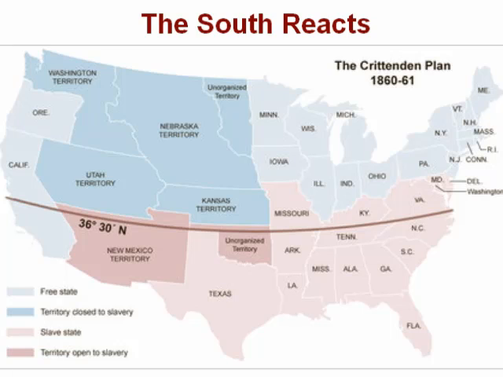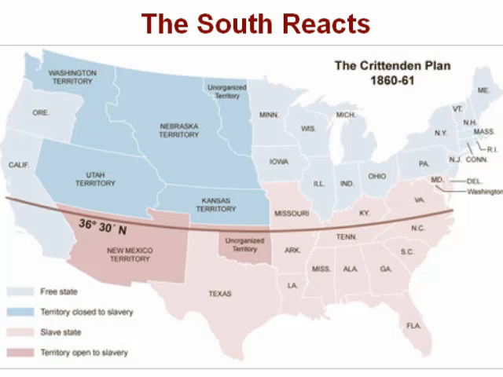The South reacts. Now, in the South, there was a great unhappiness about Lincoln's election, and even the term great unhappiness was a huge understatement. Many Southerners thought that with Lincoln being elected, they no longer had a voice in the national government.